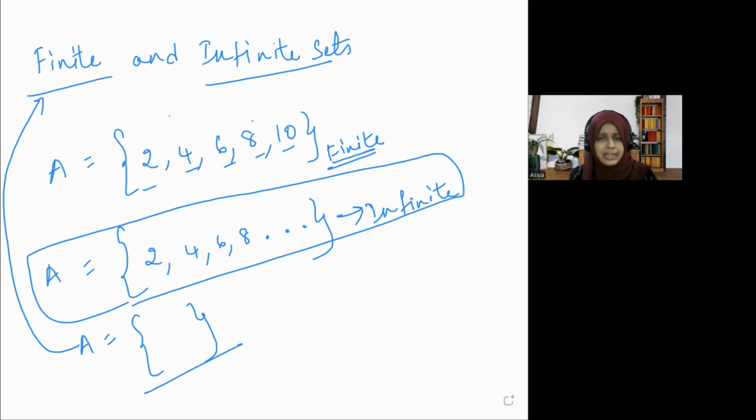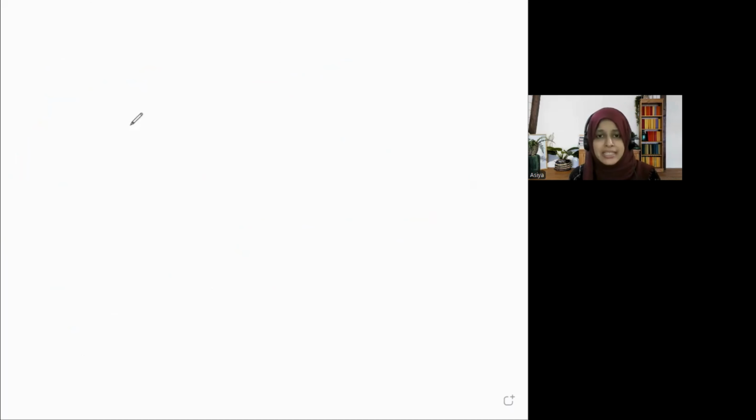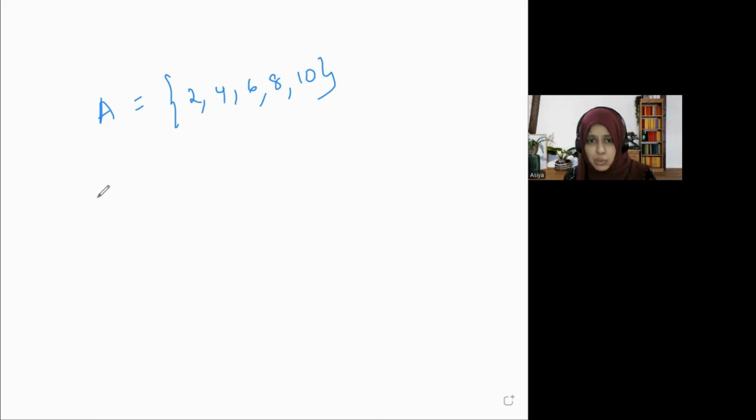Now, there is also another way of representation of number of elements in a set. Suppose my set A contains, as we have discussed earlier, first 5 natural numbers. Now, how many elements do I have? The number of elements in set A are finite, that is 5.